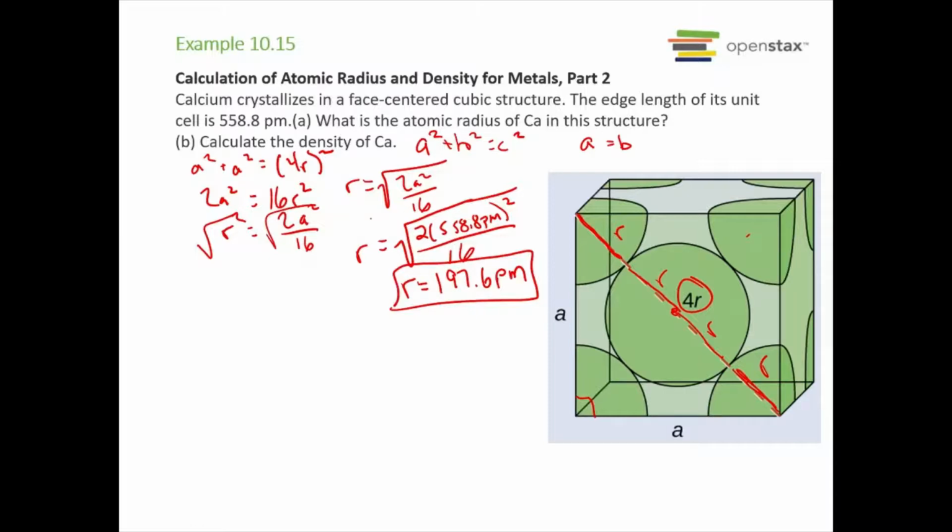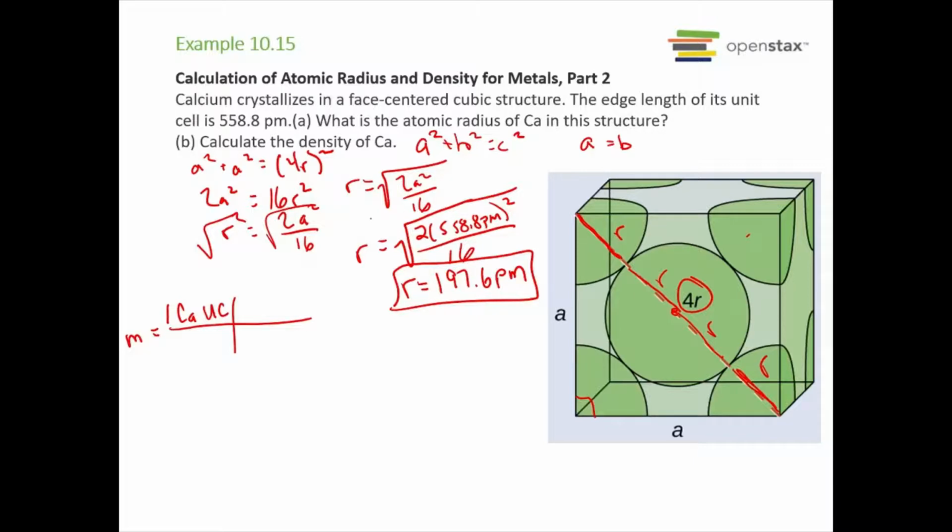So the next part is to calculate the density of calcium. And this is going to be very similar to what we did before with the simple cubic unit. So for starters, let's go ahead and find the mass of the calcium. So we are looking at the mass for 1 calcium, and I'm going to put UC for unit cell.